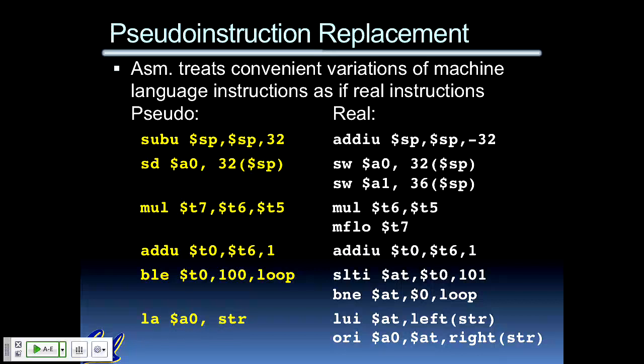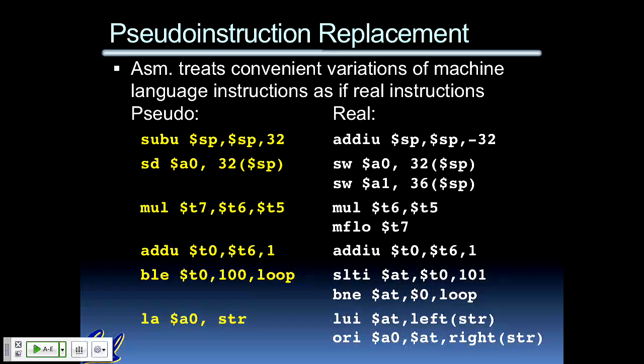Multiply, I want to talk about next. We haven't really talked about multiply and divide in MIPS. This is integer multiply and integer divide. There's a pseudo instruction in MIPS called mul, just 3 letters, M-U-L, which takes the 3 registers you would expect, 2 sources and a destination, multiplies 2 numbers and places the result in the destination. However, MIPS doesn't actually have a hardware instruction that does multiply that way.